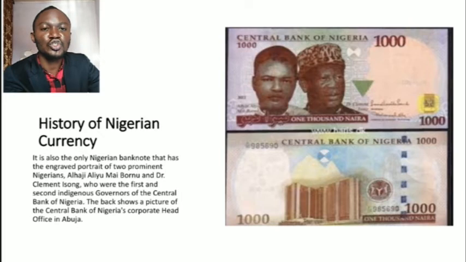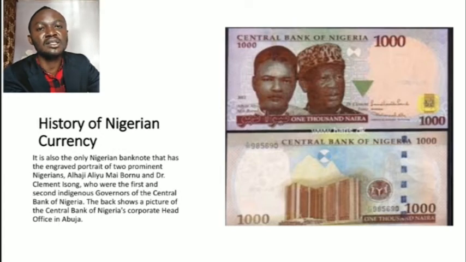The back shows the picture of the CBN, as we said earlier, which is the corporate head office of the Apex Bank, located in Abuja, Nigeria. So these two prominent figures were the first and second governors of the Central Bank of Nigeria.